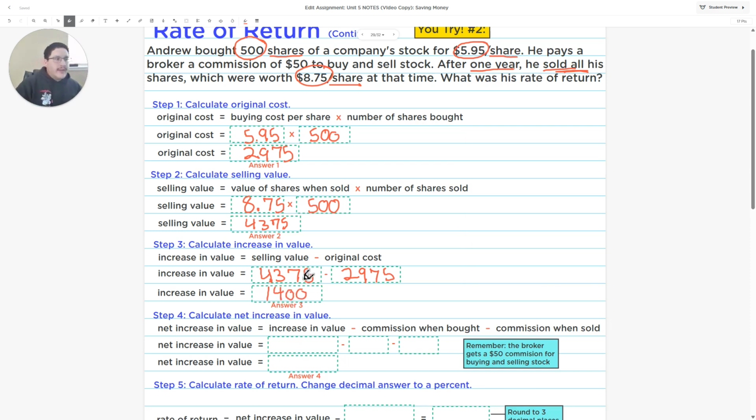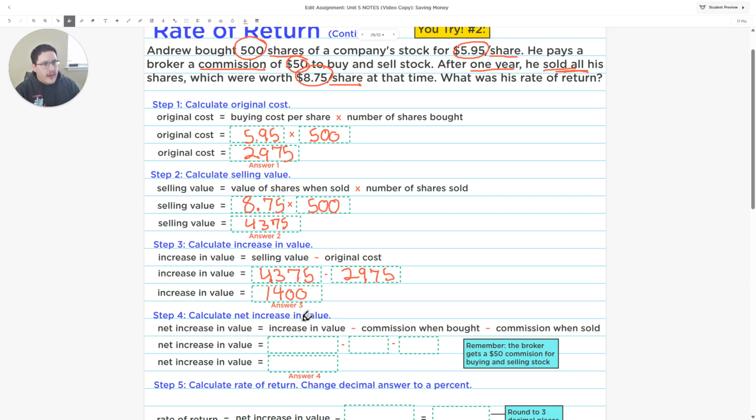Now, we need to calculate the net increase because what we have not factored in was the broker's commission. So the broker gets a commission of $50 to handle Andrew's money. Andrew has to pay a commission both when the broker bought and when the broker sold, helping Andrew through this process.